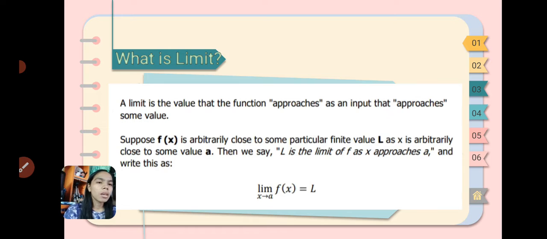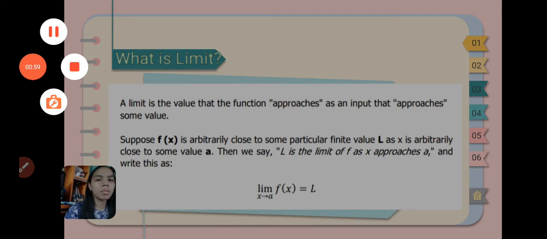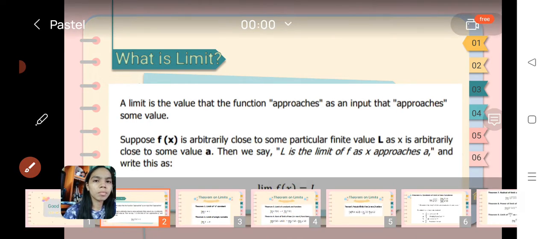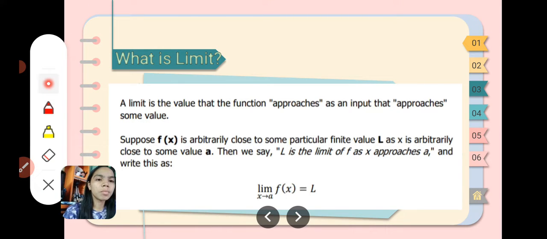Then we say L is the limit of f as x approaches a, and write this as the limit of f of x as x approaches a is equal to L.